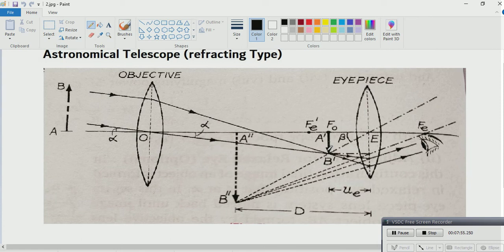At that time we got an inverted real image, but that image was very much diminished. You can't distinguish anything clearly. So if I want to verify all the structure clearly, I need a magnified version of the image.